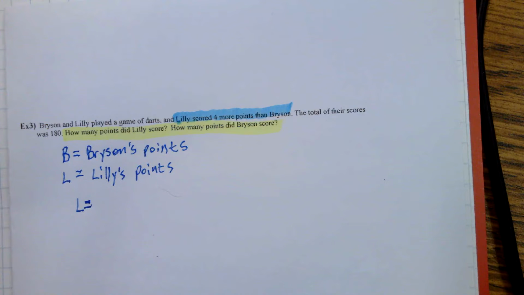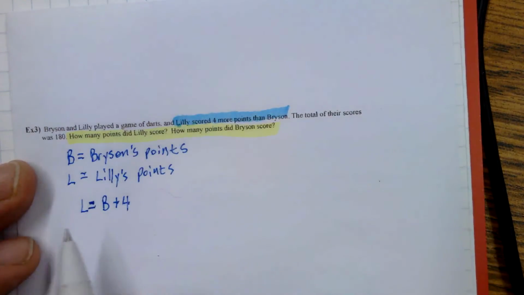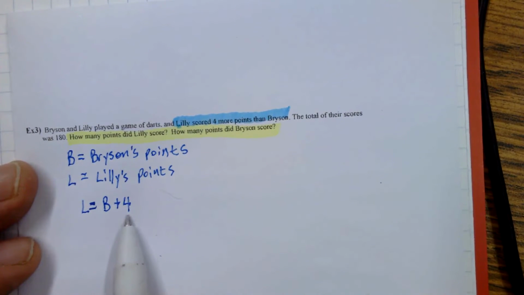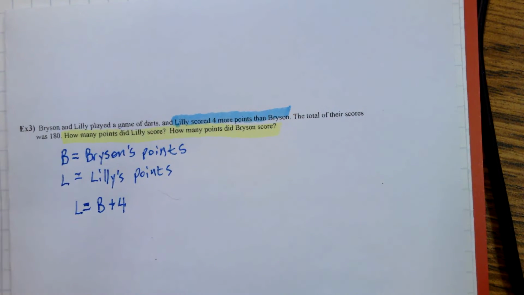Lily's points equals 4 more than Bryson's. Whatever Bryson scored, she scored 4 more. So what would we do if it's 4 more? It's not 4 times as many. It's just 4 more. Yeah, addition. So Lily's points equals Bryson's plus 4. That's how you would say 4 more.